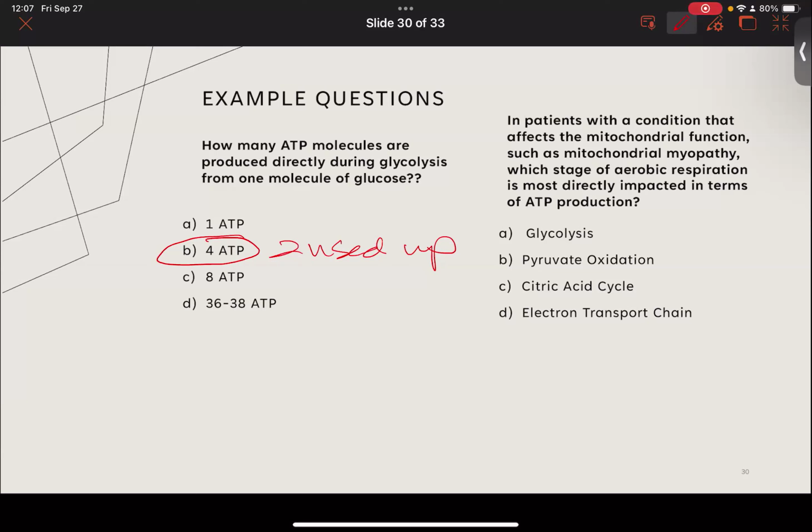Glycolysis, the pyruvate oxidation link reaction, the citric acid cycle or Krebs cycle, or the electron transport chain? If you're having a real issue making enough ATP, it's going to be the electron transport chain, because you're going to be barely affected if you're having issues making ATP in the others. It's got to be D.